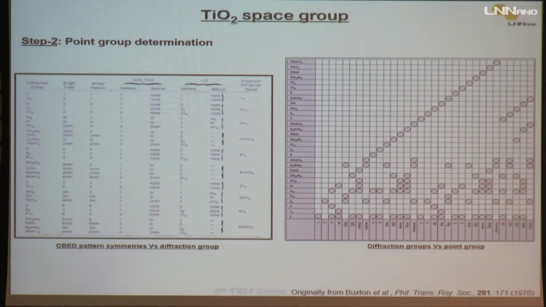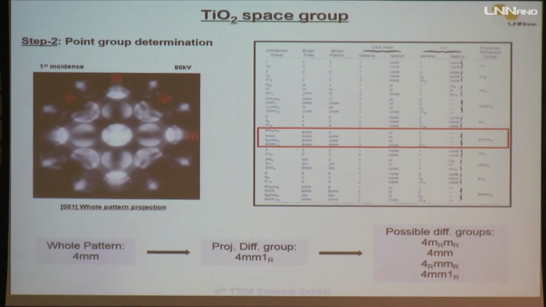So let's go ahead. Here is a CBED pattern that was taken in 001 orientation, and by looking at the whole pattern, not the transmitted disk, I can see that it has 4 mirrors: one here, 2, 1, 2, 3, 4.